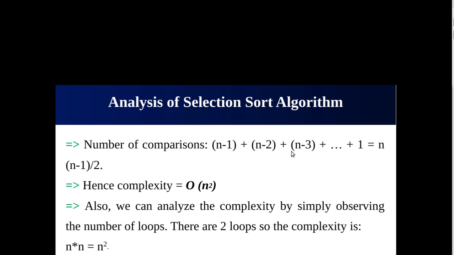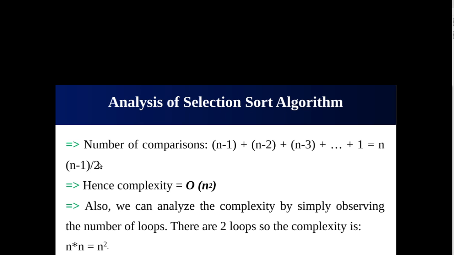So once you have this equation, you can simplify it further. For example, when you open it, it is going to be n multiplied by n is n square, minus n, and both divided by 2 separately.